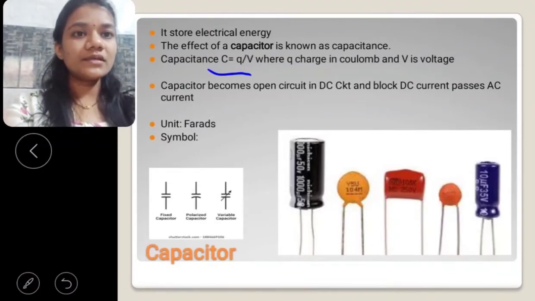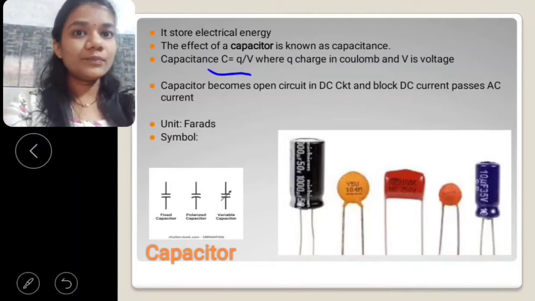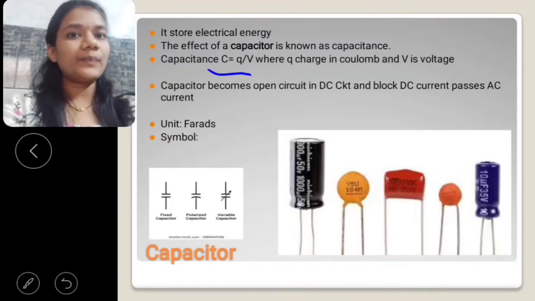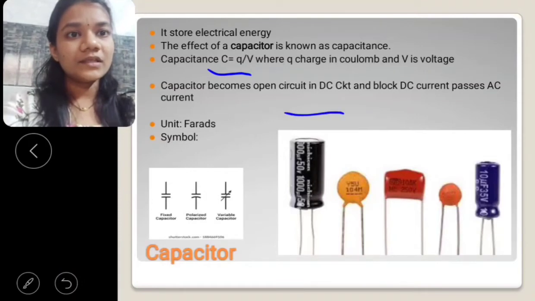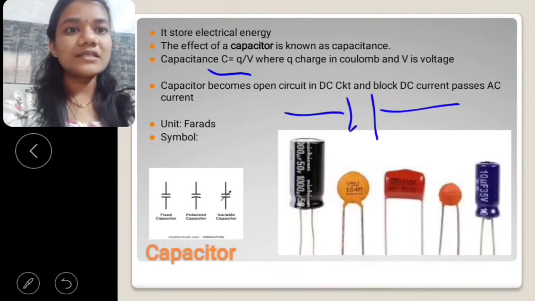A capacitor becomes an open circuit in a DC circuit: it blocks DC current and passes AC current. So what is the property of a capacitor? It passes AC and blocks DC completely. Suppose this is the symbol. How will you remember that a capacitor passes AC?